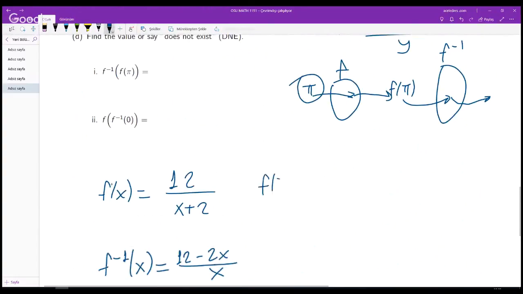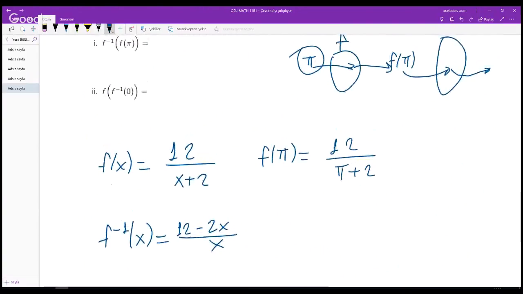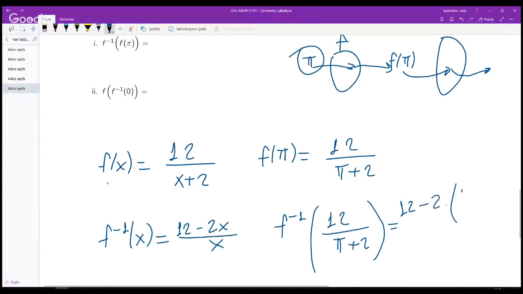Let's check it. F of p is 12 over p plus 2. So this is the f p value, and f inverse of 12 over p plus 2 is 12 minus 2 times 12 over p plus 2, over 12 over p plus 2.